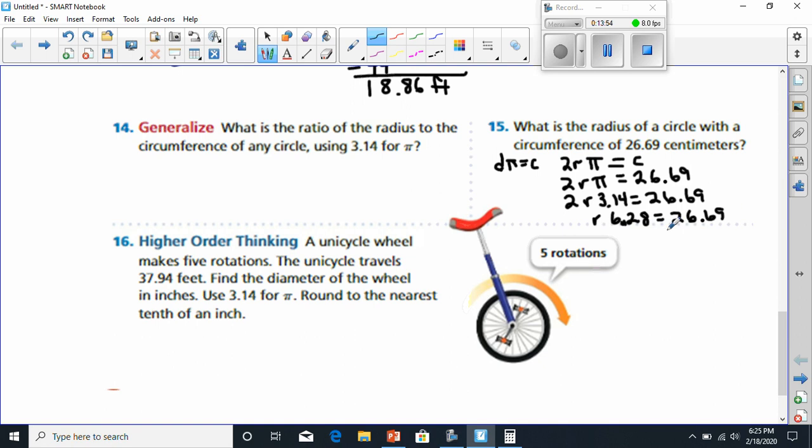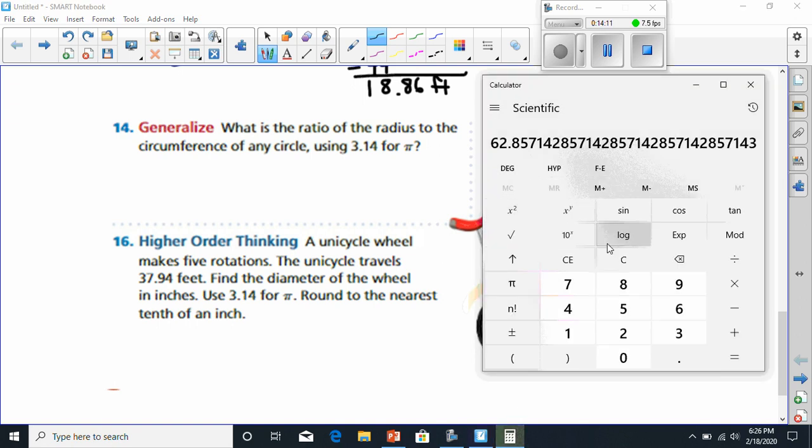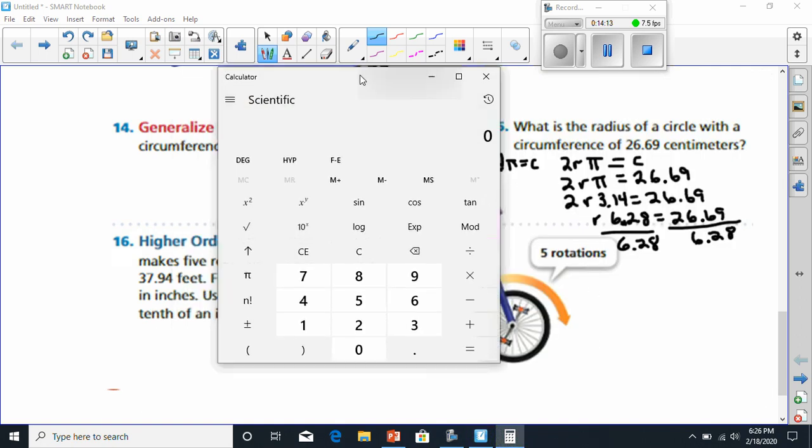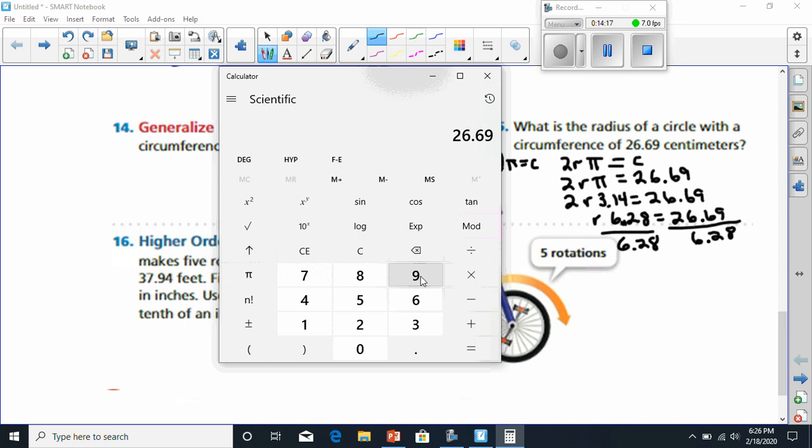Now to get 6.28 away from r, I have to divide by 6.28. Whatever I divide on one side, I divide on the other. And now I have 26.69 divided by 6.28.